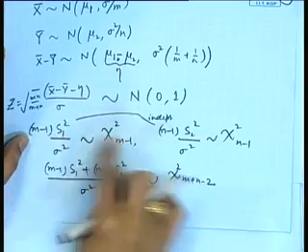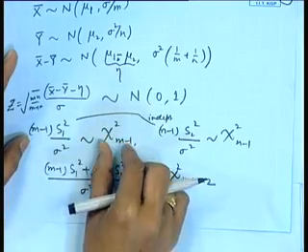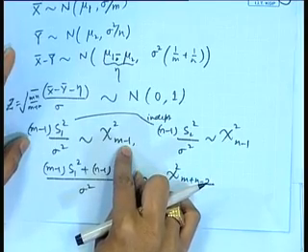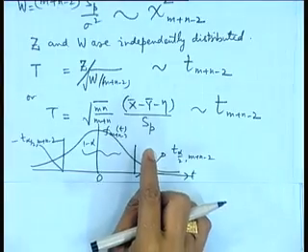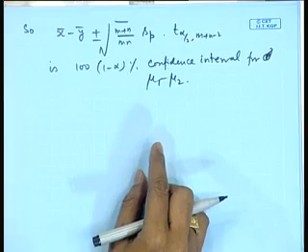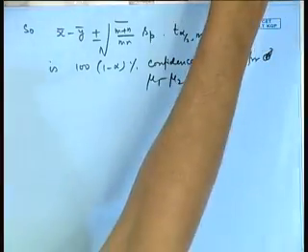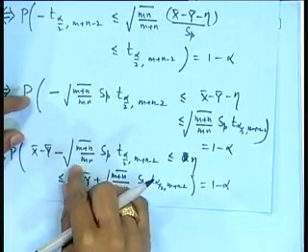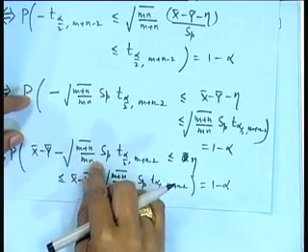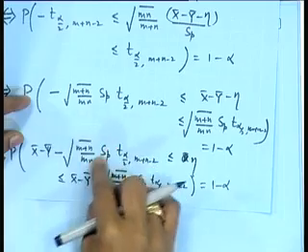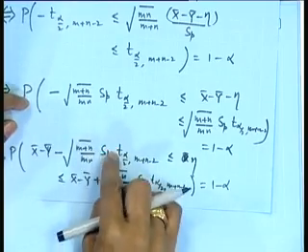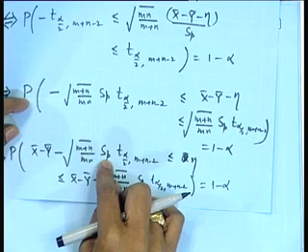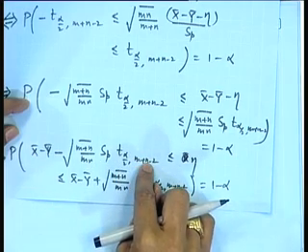The question is that if we use only say S 1 square, then the degrees of freedom that we will get for the t variable will be m minus 1. So, in that case the interval will be x bar minus y bar plus minus square root m plus n by m n, now this term will not come here, rather we will have S 1 only and the degrees of freedom will be m minus 1.